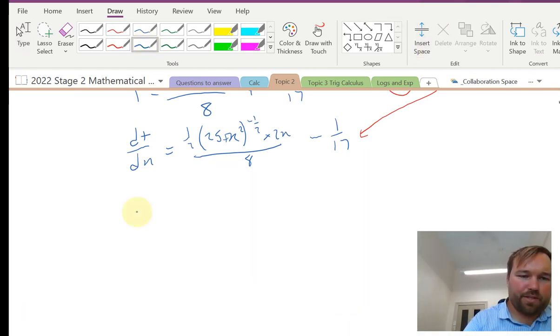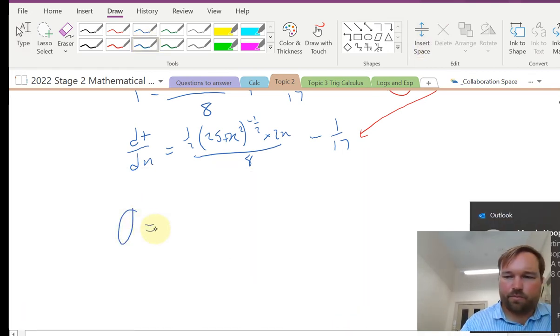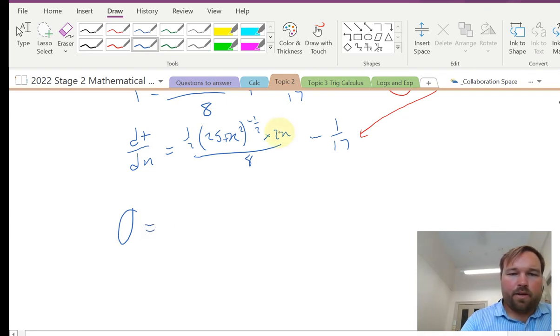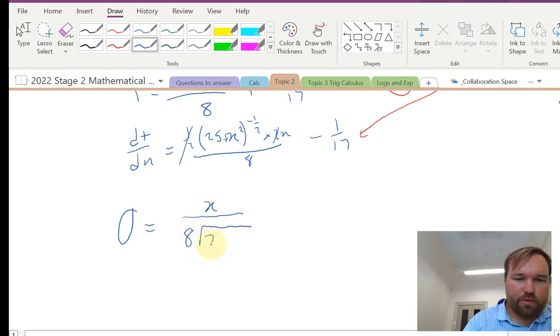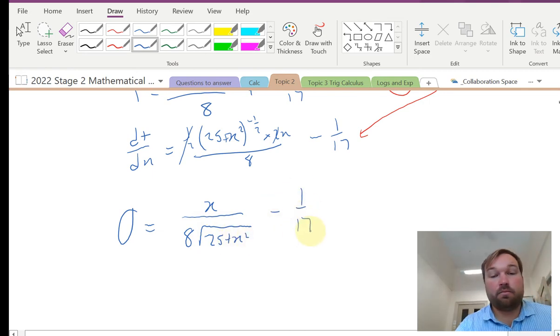So then we want 0 to equal, that 2 and that half cancel, basically this is x over 8 root 25 plus x squared, minus 1 on 17.